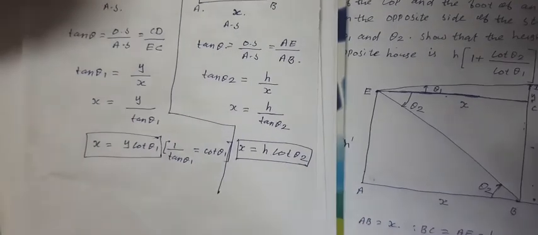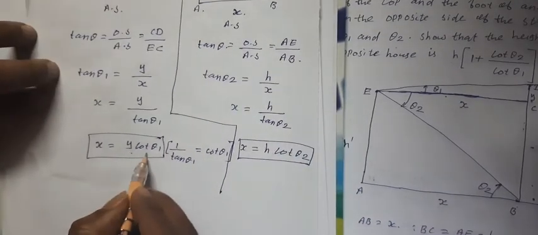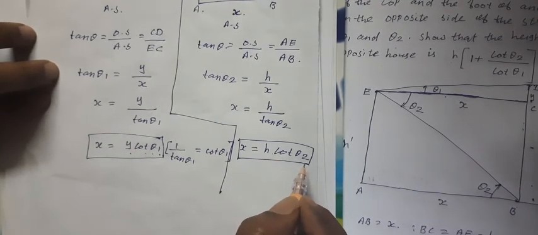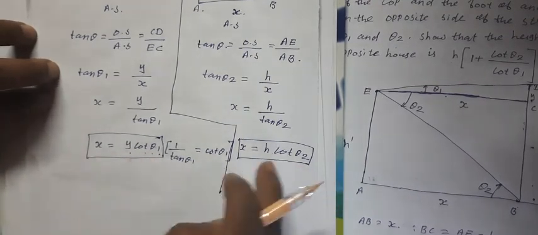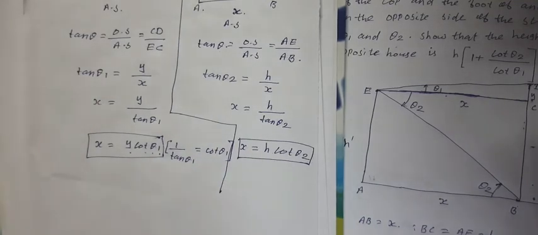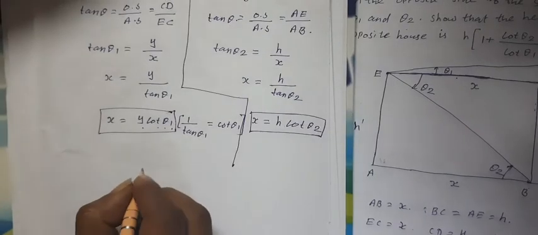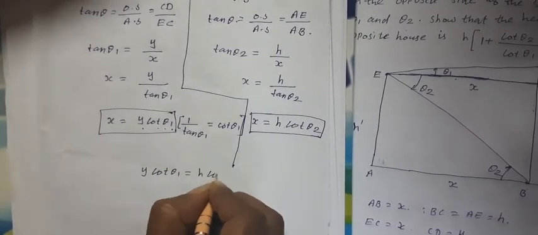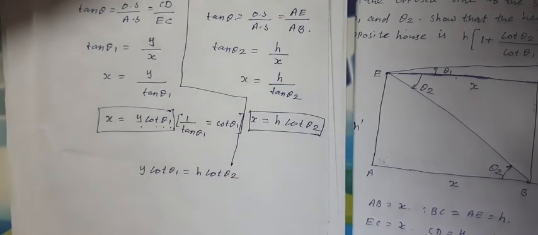Okay, now here x is equal to y cot theta 1 and here x is equal to h cot theta 2. Both are the x value, so we can take them equal. So y cot theta 1 is equal to h cot theta 2.